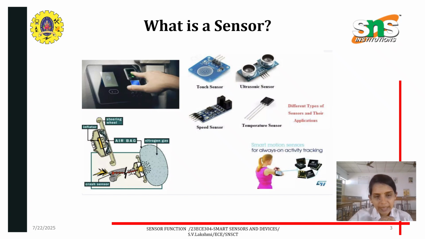Here are a few examples of sensors: a touch sensor, an ultrasonic sensor, a speed sensor, a temperature sensor, the LM35, which is an analog sensor, smart motion sensors, and the airbag sensors in the car which prevent major accidents. All these are types of sensors used in the Internet of Things and in various smart applications where sensors play a vital role.